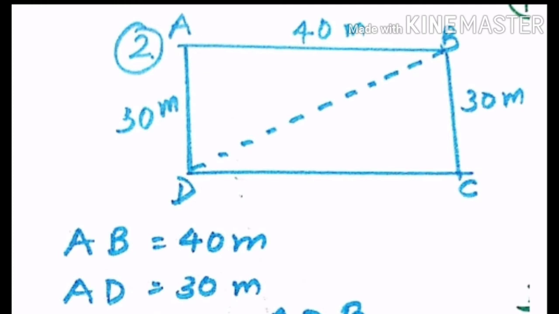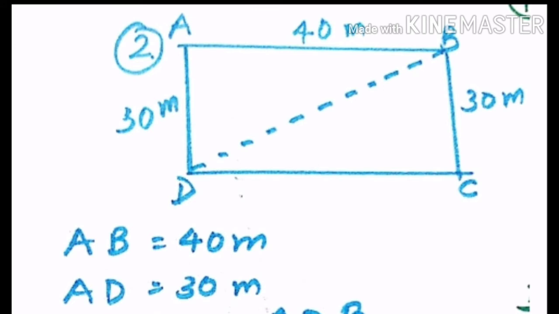But to save the distance, you can also walk diagonally as BD. So for that, as you know, in rectangle, all the angles are 90 degree. So here angle A is also 90 degrees. So AB is 40 meters and AD also 30 meters, because opposite sides of rectangles are equal.